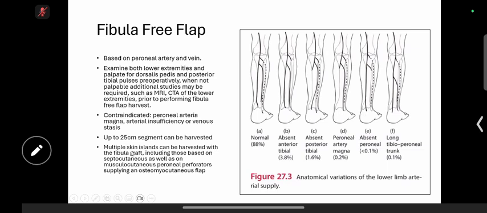So for fibula, up to a 25 centimeter segment can be harvested. Multiple skin islands can be harvested with the fibular graft, including those based on septocutaneous as well as musculocutaneous peroneal perforators, supplying an osteomyocutaneous flap.